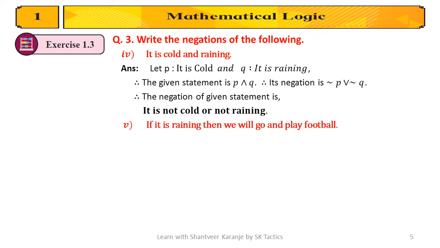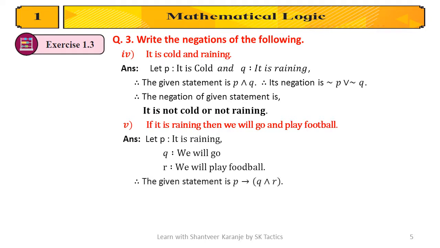The fifth question is: if it is raining, then we will go and play football. So there are statements P as it is raining, Q we will go, R we will play football. It is a combination of three simple statements.